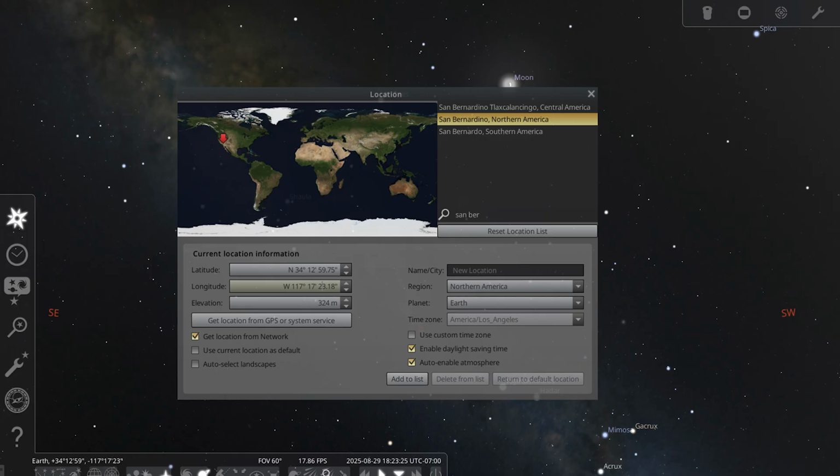Okay. If I go to the location, it says San Bernardino, North America. You see here these two numbers? Can you read what it says in here? Latitude and longitude. Those are the specific coordinates of where we are right now, in San Bernardino.